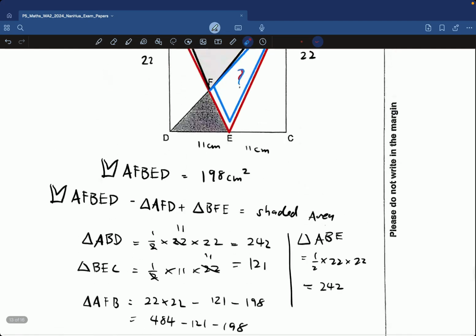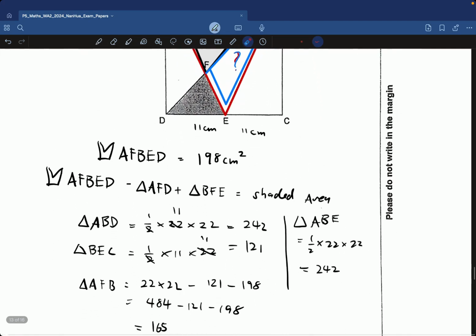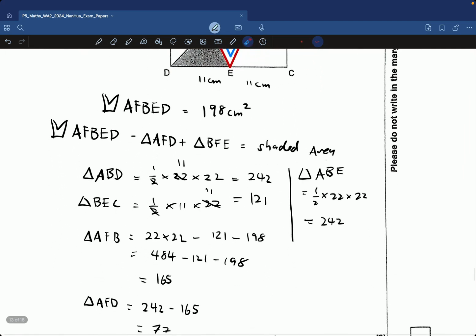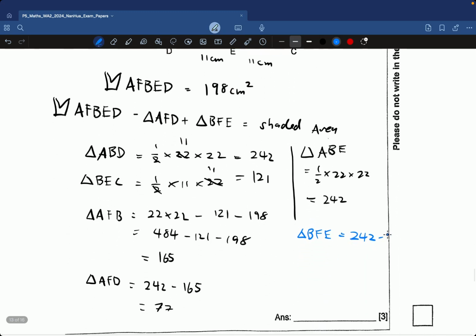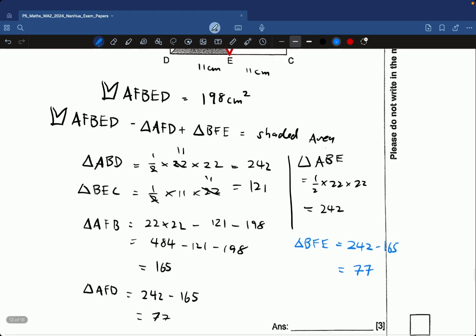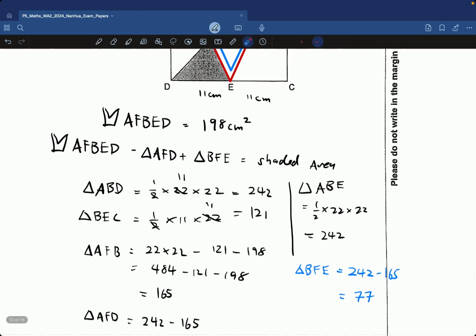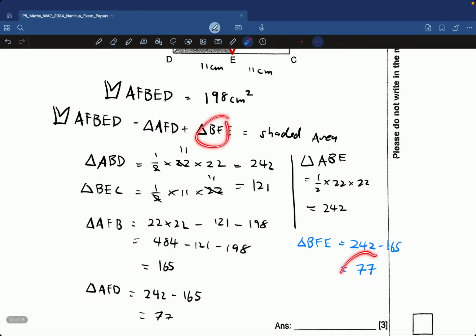Okay, so this will give us BFE, right? So BFE is equal to the big triangle 242 minus 165. And this will give us 77. Right. So now we know AFD. So AFD is over here, which is 77, and BFE is also 77.